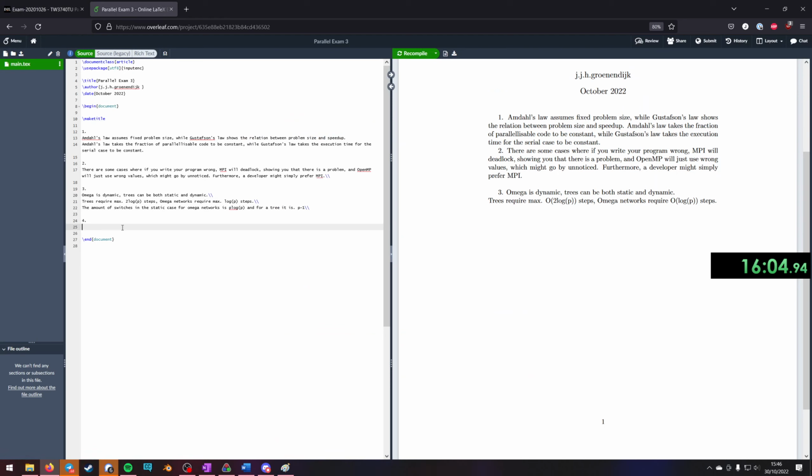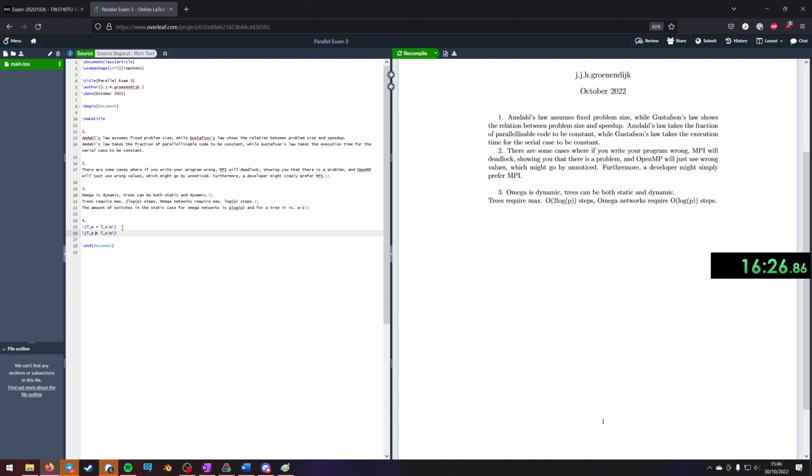So say we have a program where the time it takes is... Okay, I'm going to write this in. The time with p processors is time serial over p, the amount of processors.